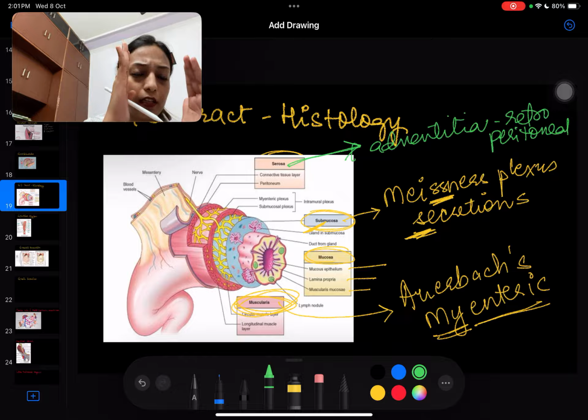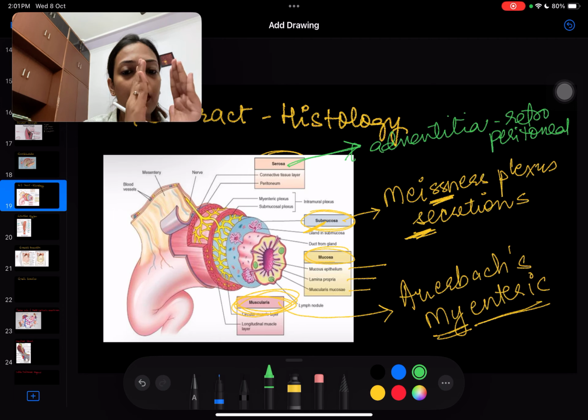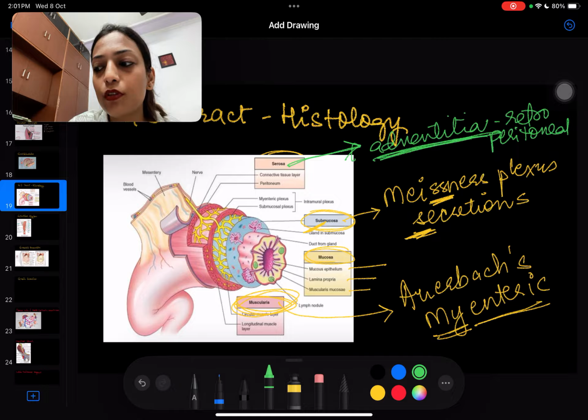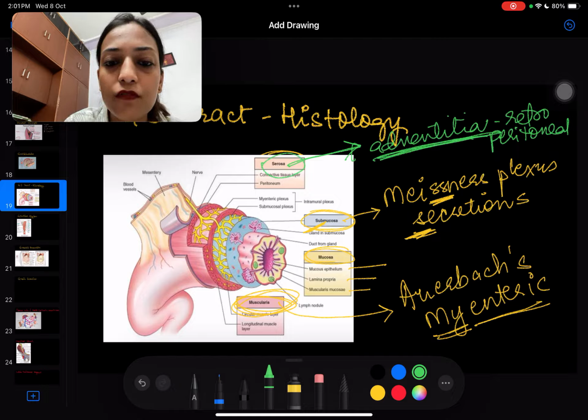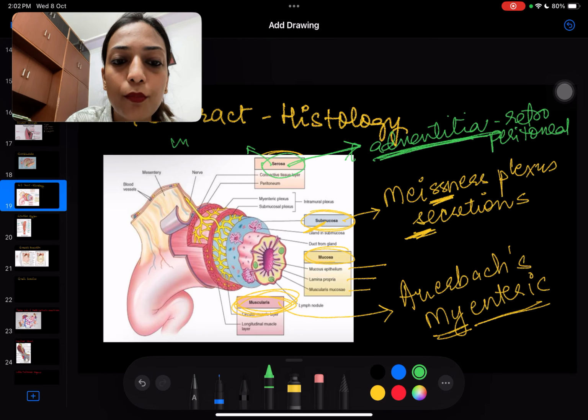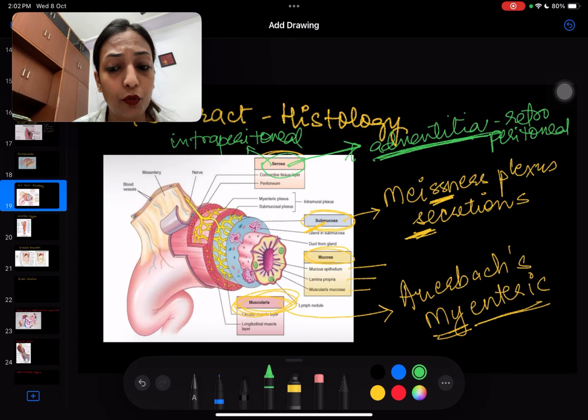So for these two, the serosal layer is known as the adventitia, and it is known as serosa for all the organs which are intraperitoneal. I hope you got this small point. It is important, that is why I have mentioned it, otherwise I really find it very boring.